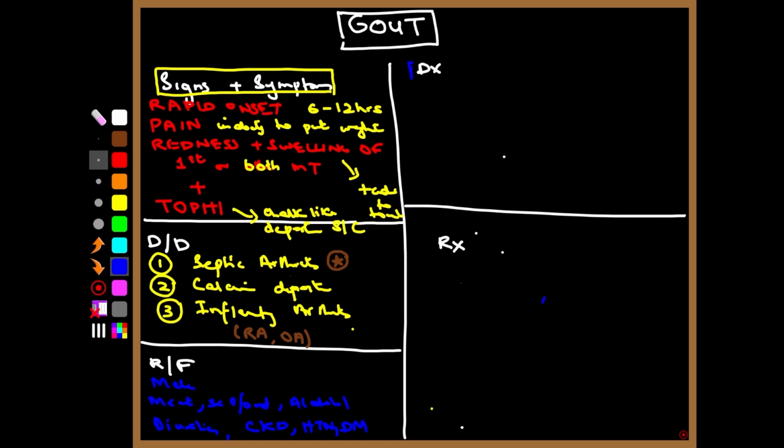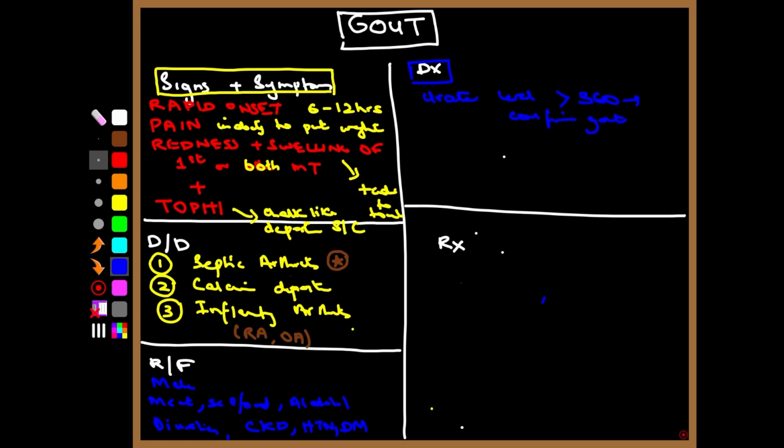For our diagnosis, a clinical diagnosis would give us the answer, but we would want to check the urate levels. And according to the NICE guidelines, a urate level greater than 360 confirms gout.